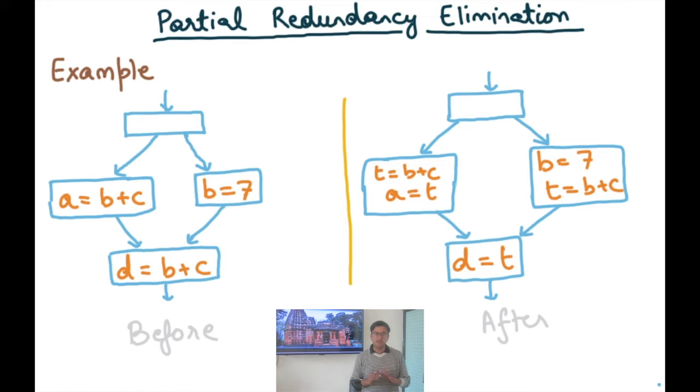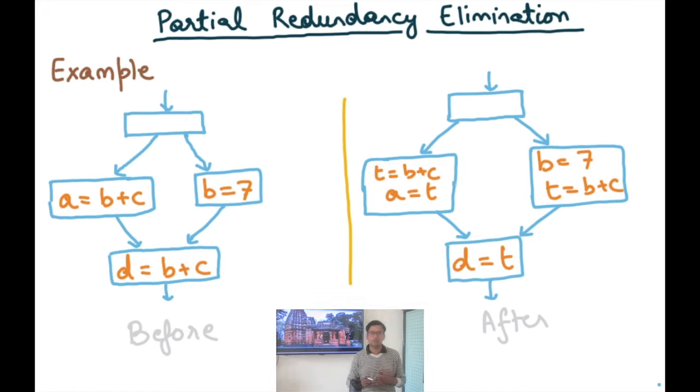All right. But partial redundancy elimination is a more sophisticated idea. For example, I may want to transform the program to the one on the right side, which is the optimized program that does not have partial redundancy. So how does it work? On the left-hand branch, we basically have the same computation, just that we store it in a temporary variable t, and then do a equals t.